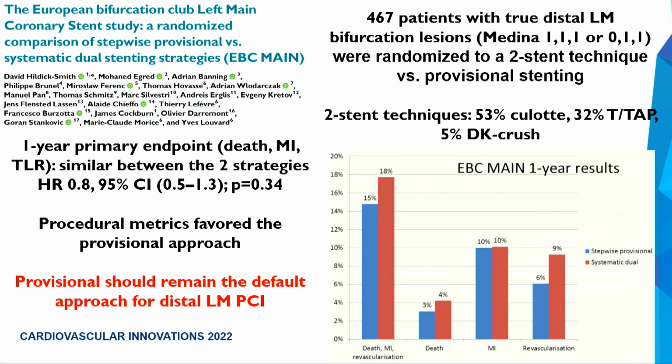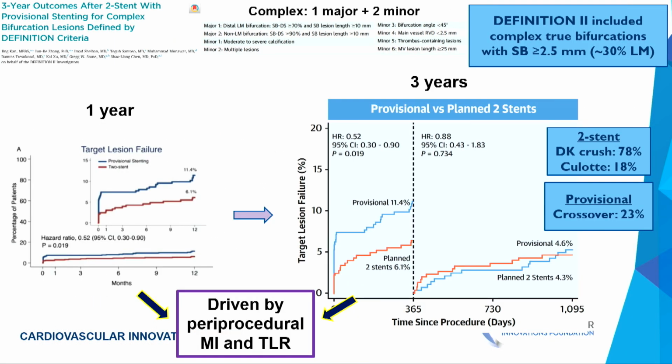The reason for the discrepancy with DKCRUSH-V was mainly the different lesion length in the side branch, the circumflex: 7 versus 16 millimeters on average in EBC MAIN versus DKCRUSH-V respectively. So, different patient populations, different anatomies.